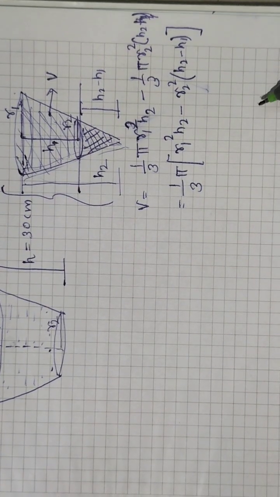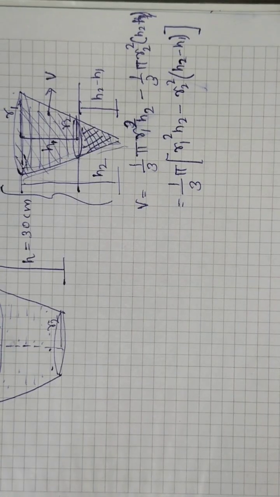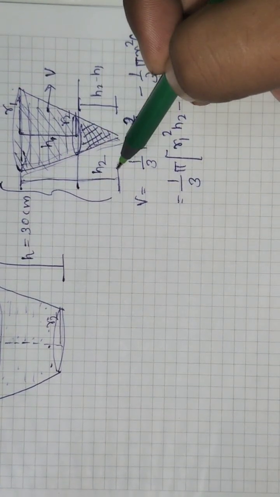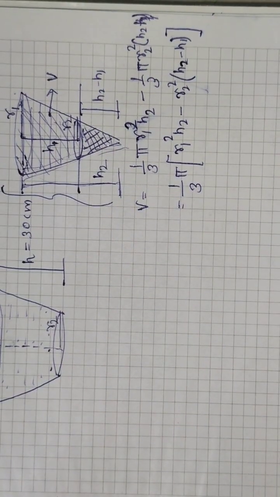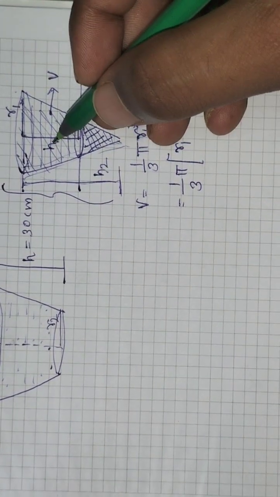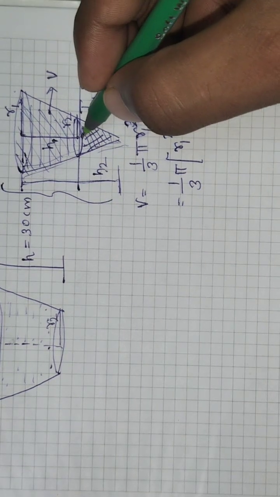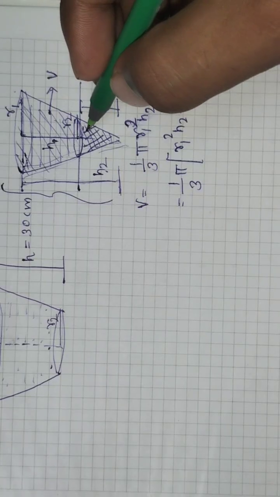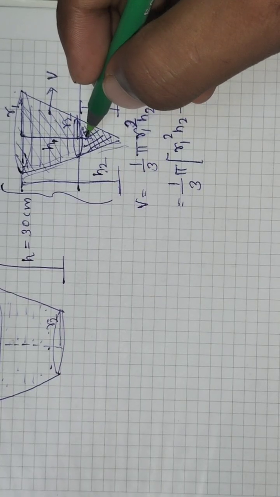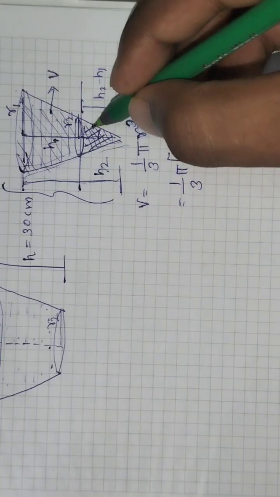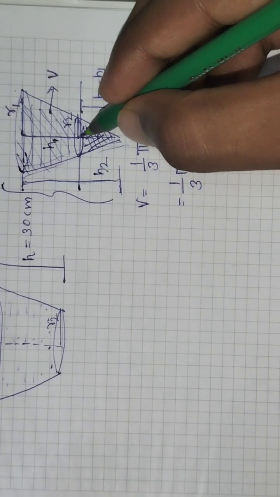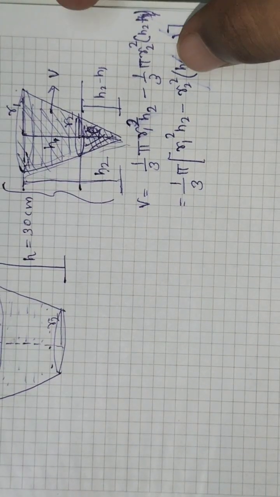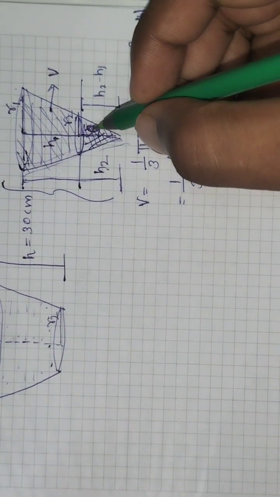So guys, here is the formula, but we don't know what h2 is, so we need to find some relation between h2 and h1. So if you make this angle theta, what is tan theta?